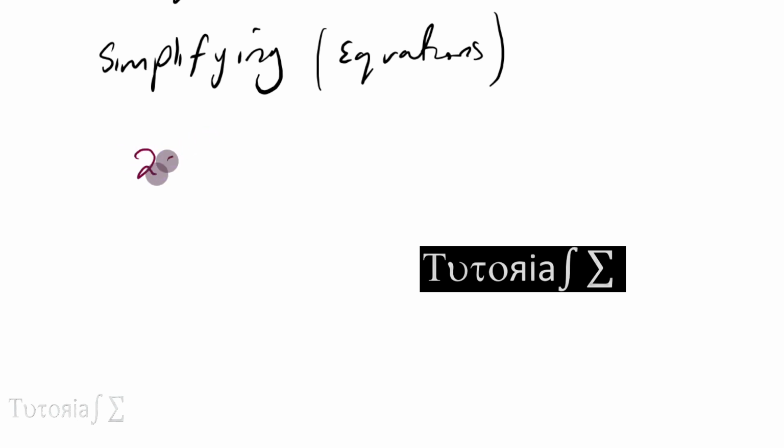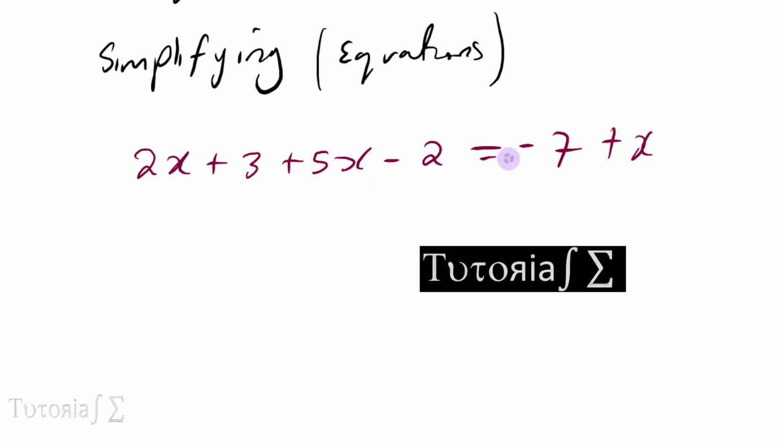So maybe you have 2x plus 3 plus 5x minus 2 is equal to negative 7 plus x. This is an equation because it has an equal to sign there. Anything that has an equal to sign is an equation.